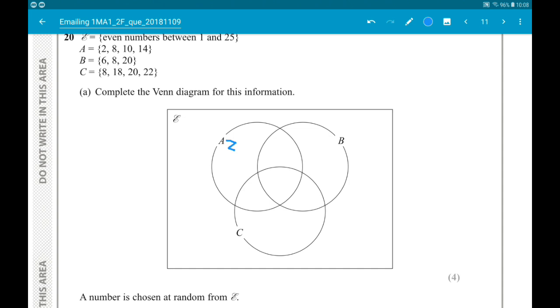Next one would be 4, so it's in none of the subsets, so it goes on the outside, but inside the rectangle. Next one would be 6. 6 is in B. 8 is in all 3 subsets, so that's going to go in the middle. 10 is in A and only A.